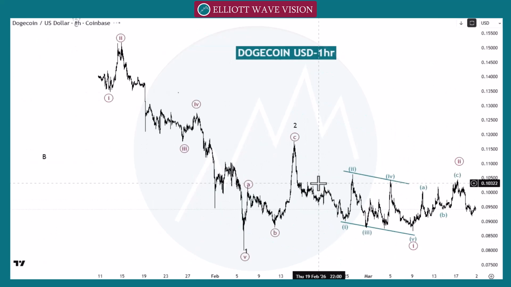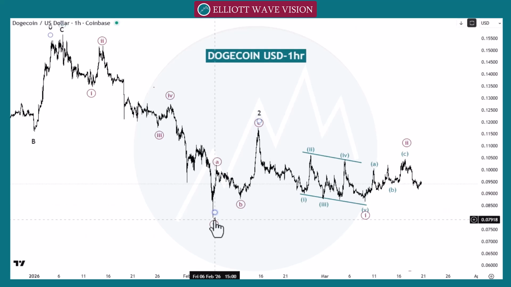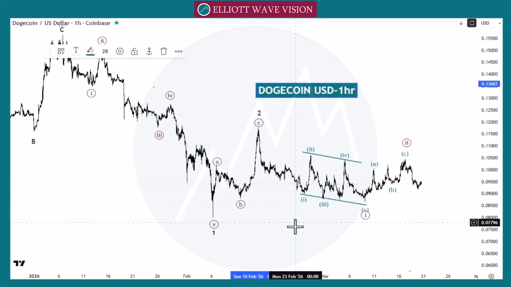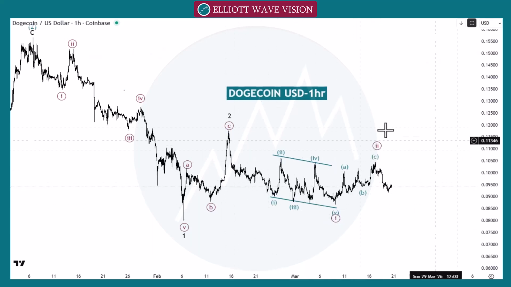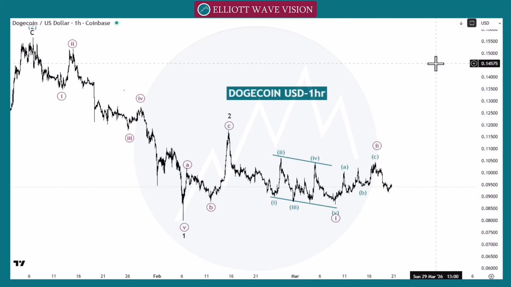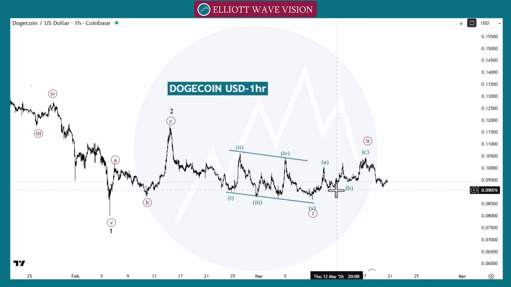So in 1 hour time frame, after this black wave 1 and black wave 2, we count this structure as a brown wave 1 and brown wave 2. Or we can count this move as A, B, C, W, then X and then Y towards the bullish side. That's also possible. We can count this move as a leading diagonal.